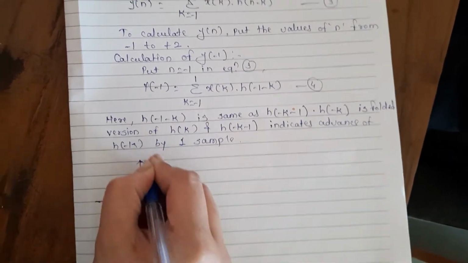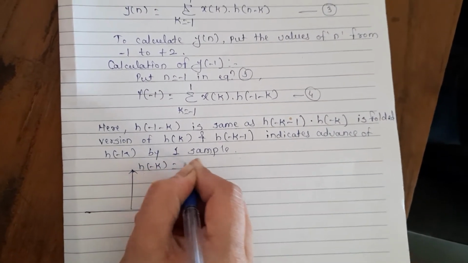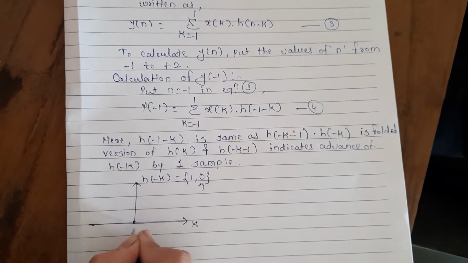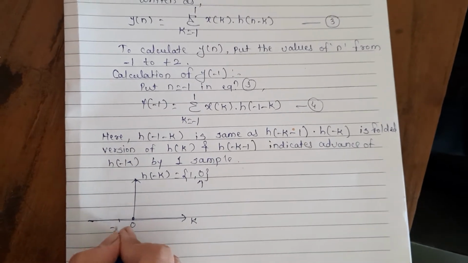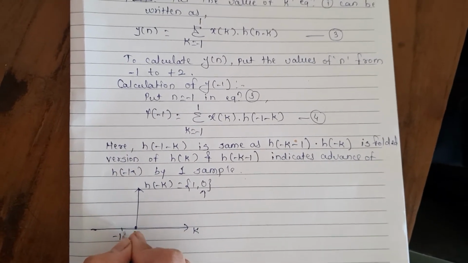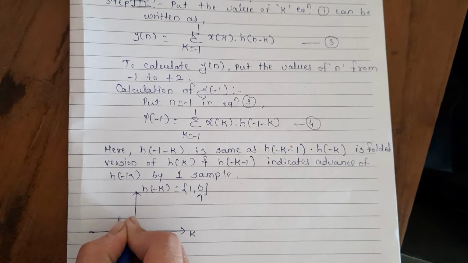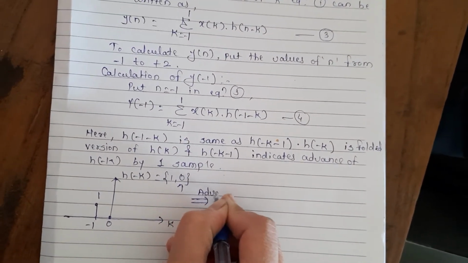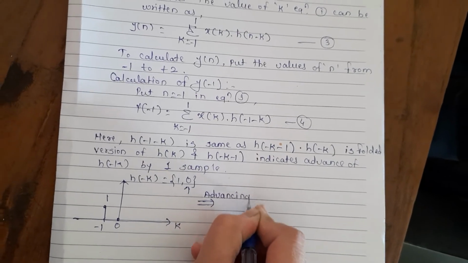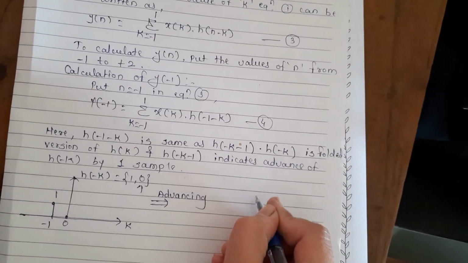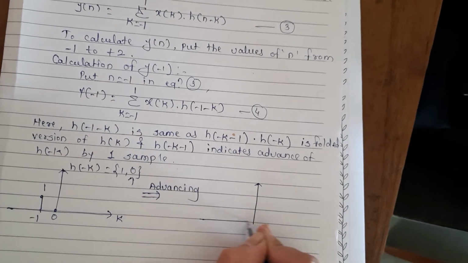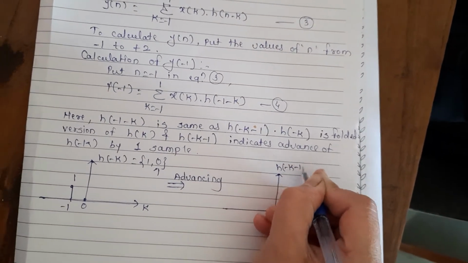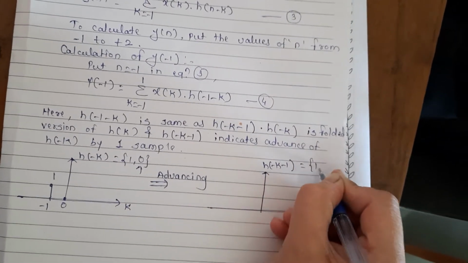This is k and this is h of minus k. Now it is 1 and 0. For 0 it is 0. For minus 1 it is 1. And next, it's advancing. So we draw here the sequence for h of minus k minus 1.